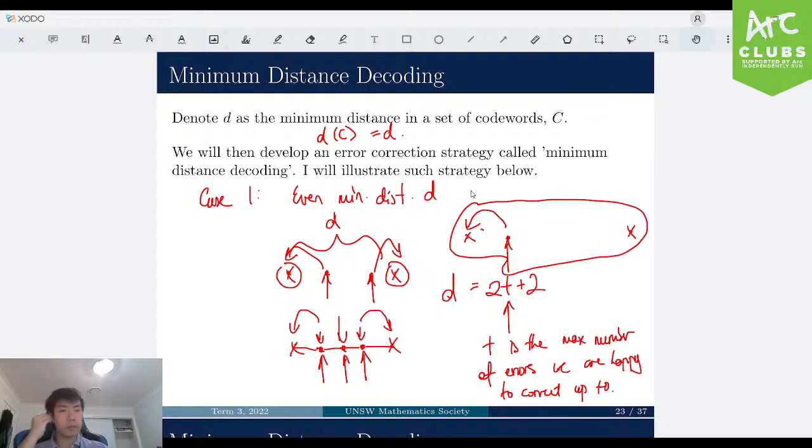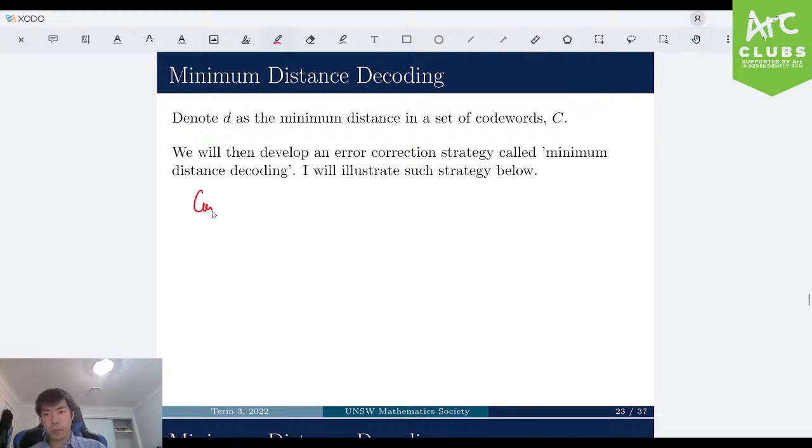Case 2: what if our d is odd? Very similar thing. Let's suppose you have two code words here that are minimum distance apart, and they're an odd number of units apart. So let's say 1, 2, 3, 4, 5.